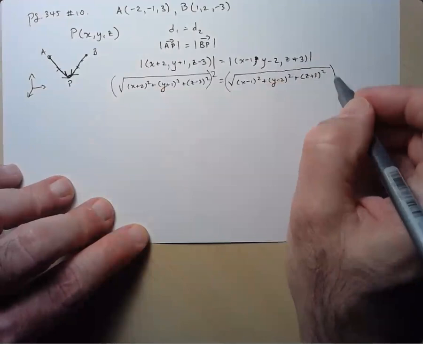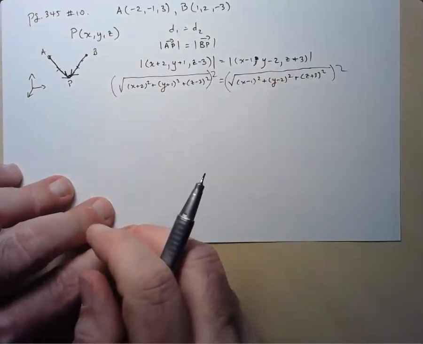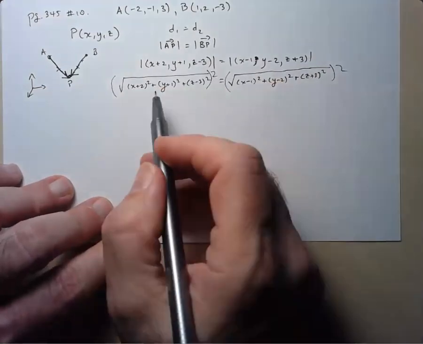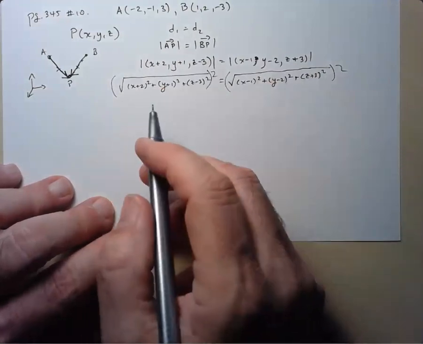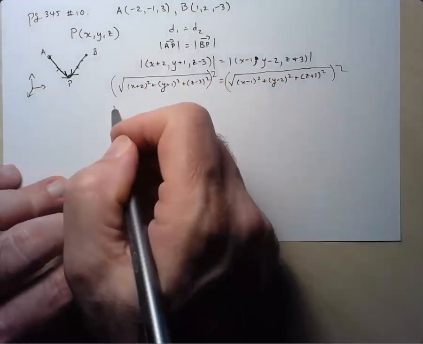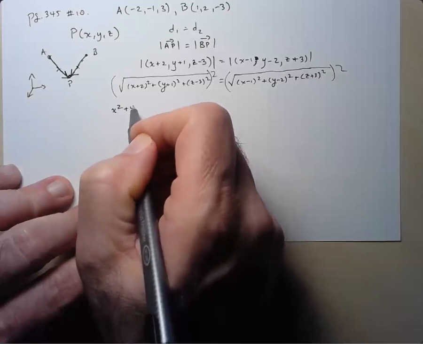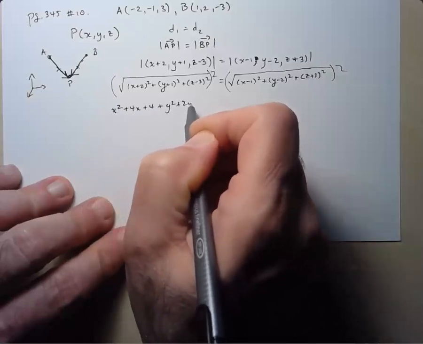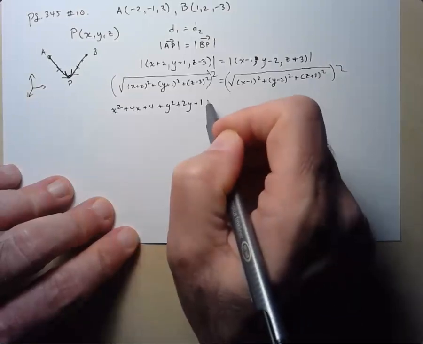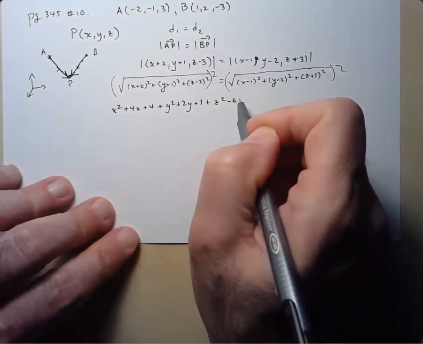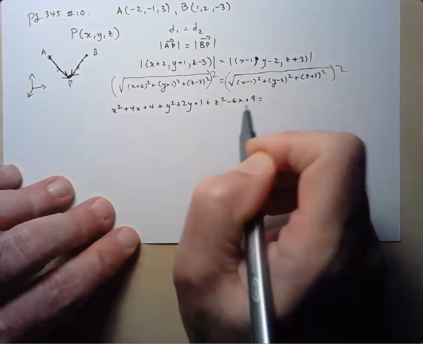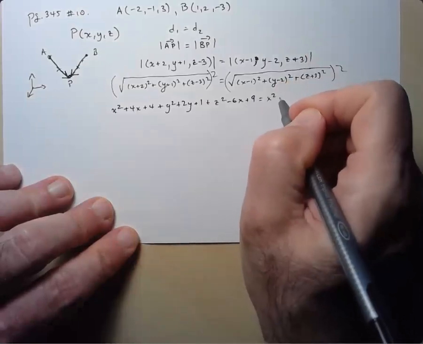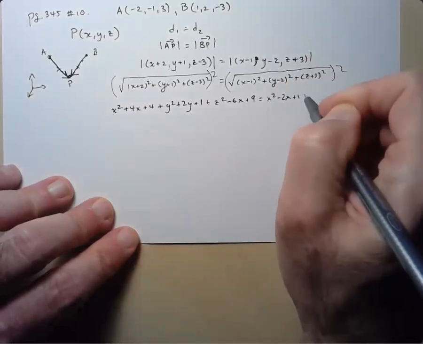Now I'll square both sides of this equation to get rid of the square roots. And while I'm at it, I'll expand all of these binomials. So X plus 2 squared is going to be X squared plus 4X plus 4. Y squared plus 2Y plus 1. Z squared minus 6Z plus 9. And same thing here, X squared minus 2X plus 1.